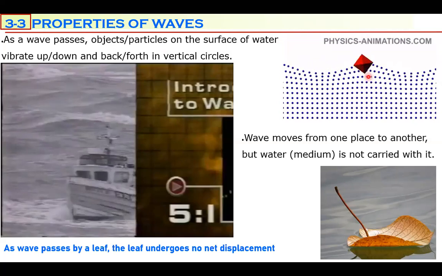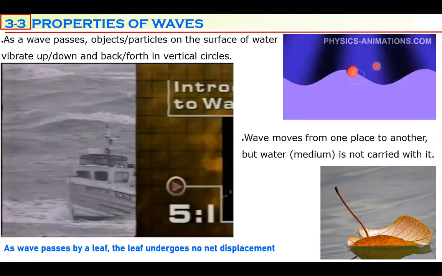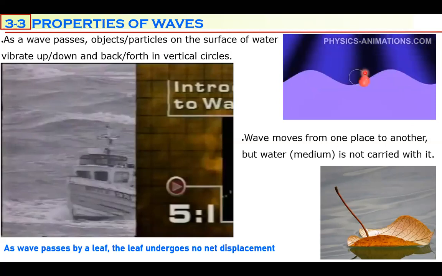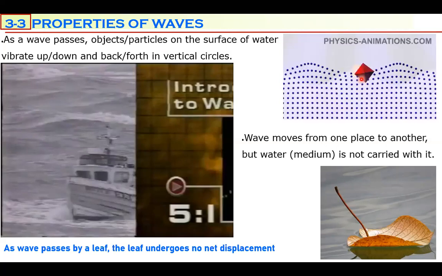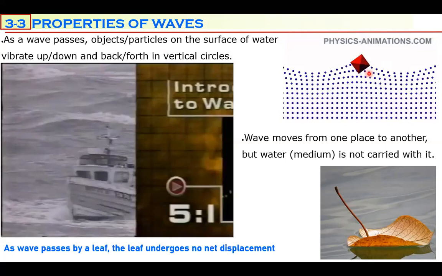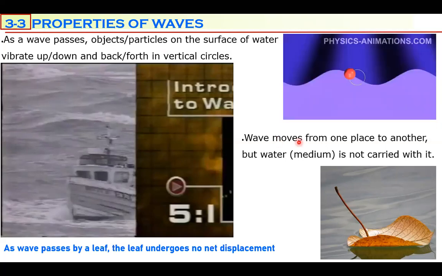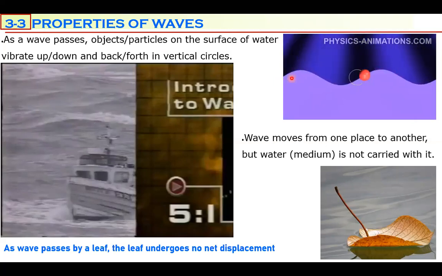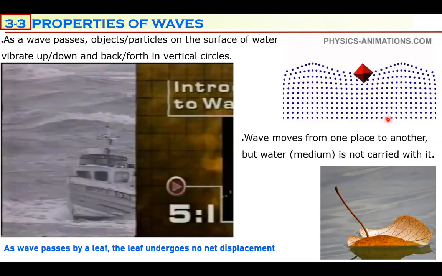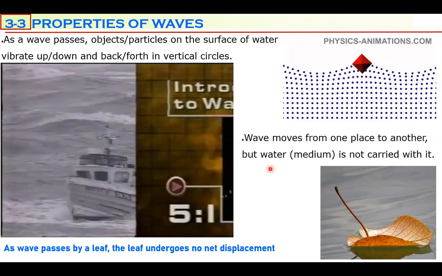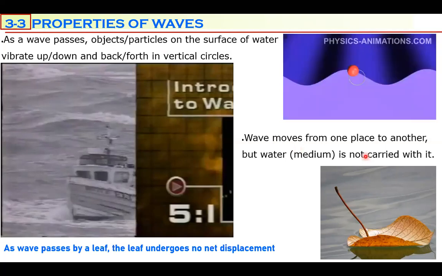As you see, the disturbance is traveling, but the particles or any object on the surface of the water will not displace. So waves move, or the disturbance travels from one point to another, but the water, any particles, the medium is not displacing.